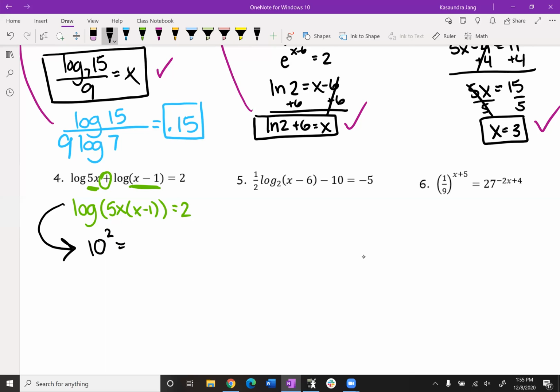So Thomas, what part have I not written yet? I took care of the base, that 10 that they didn't even write. We took care of the base. We took care of the 2. What have I not used yet?